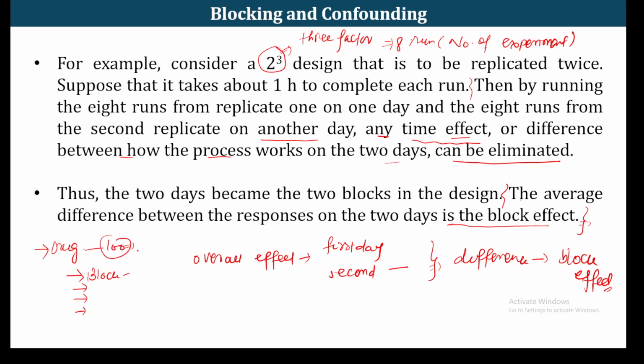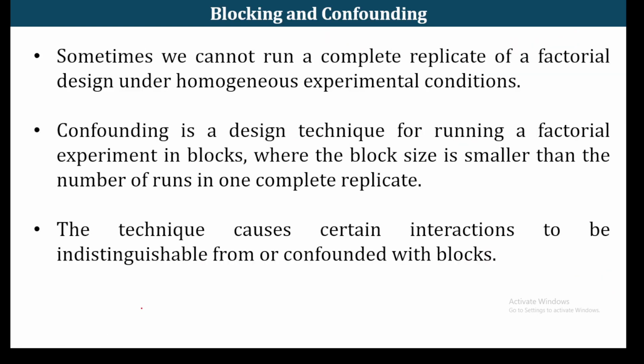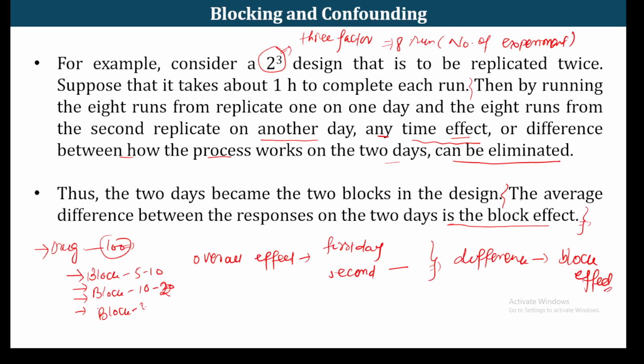In one block we can keep 5 to 10 years, block 2 maybe 10 to 20, till teen, and then block 3 we can keep 20 to 50, that will be your adult age, and block 4 you can keep senior citizens or other old age. So we are just doing the grouping in that blocking.